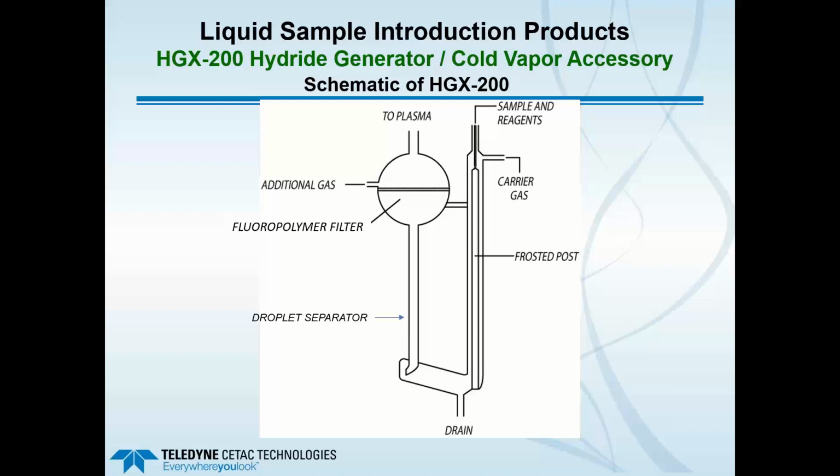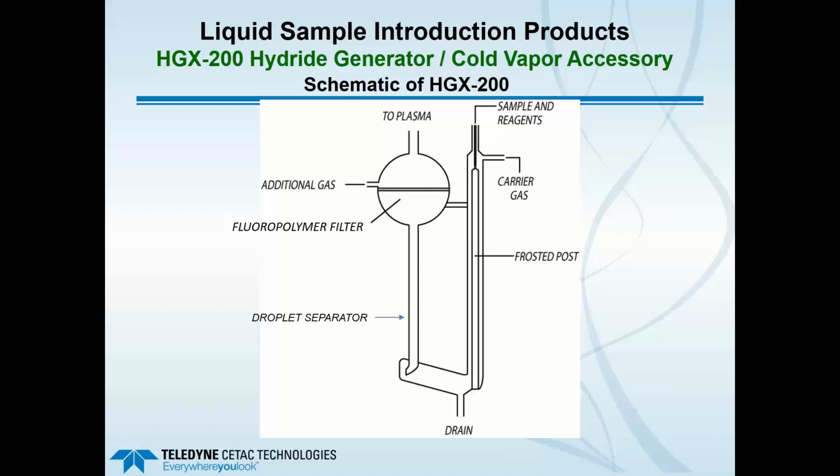The other part in the middle, specifically where it says frosted post, which is a glass component that has a very high surface area, we're going to then send the sample solution with the analyte, with the reagents, flowing over that higher surface area, and that's to help get the best efficiency for release of the volatile hydride.